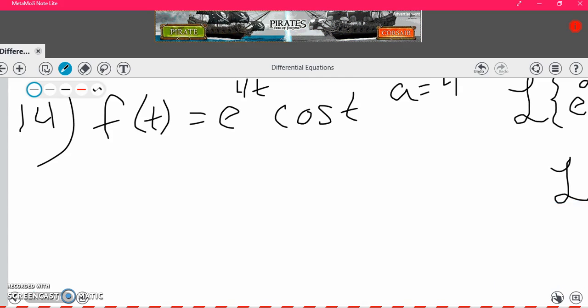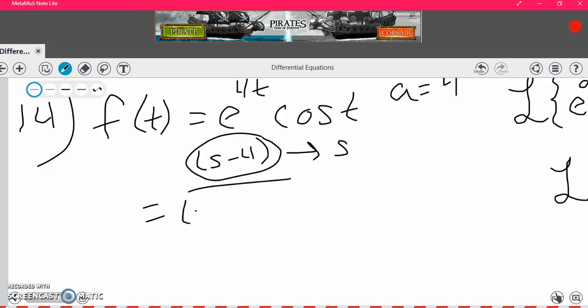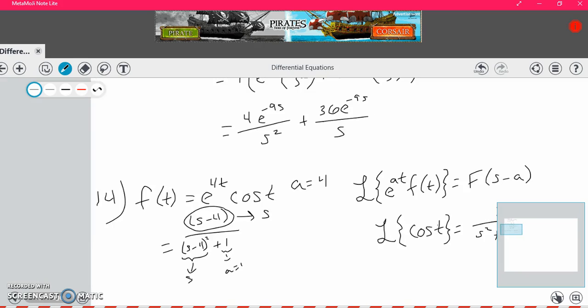So the Laplace transform of this is s minus 4. This is what we put in for our s, over s minus 4 squared plus 1. So for our cosine, a equals 1, and this is still our s, if that makes sense.